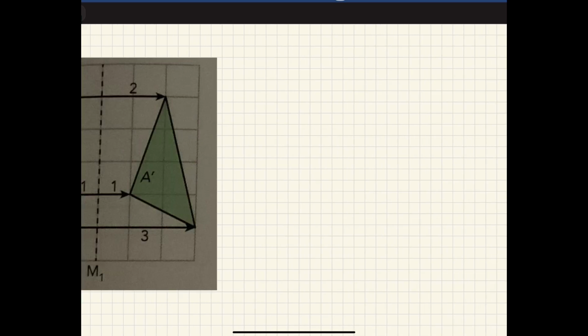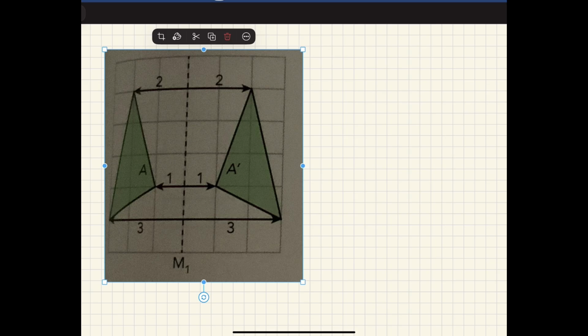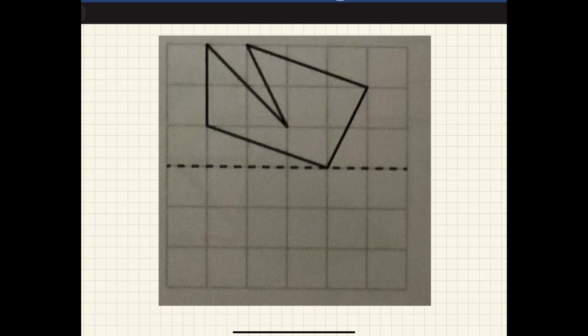So in case of a vertical mirror line, we count boxes horizontally. But when we have a horizontal mirror line or line of reflection, this is also known as the line of reflection or the mirror line, same thing. Okay, we count the distance vertically.